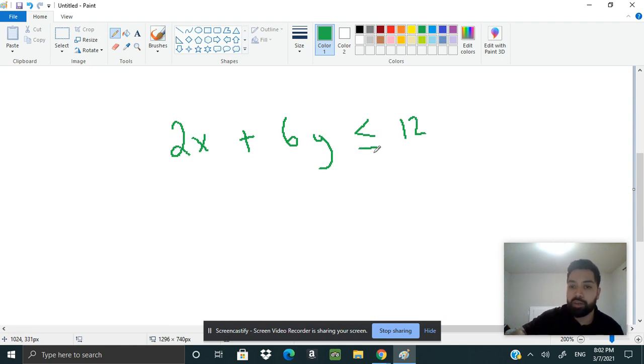We cannot use an equal to, because if we do, we would spend all the $12. We could equal up to 12 and we would have no money left. So whatever we spend on candy and combos has to be less than $12, which guarantees that we have some change left over to give back to our aunt. Okay, so that's it right there. This is the inequality that we're going to be using, and I'll see you guys in the next video.